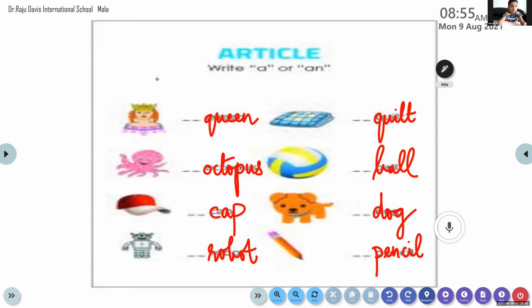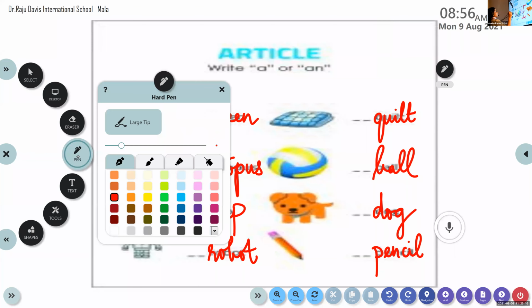So queen is a word which starts with a vowel letter or a consonant letter? It starts with a consonant letter. So we have to insert a or an? A. We have to insert a before the word. Very good, my dear.